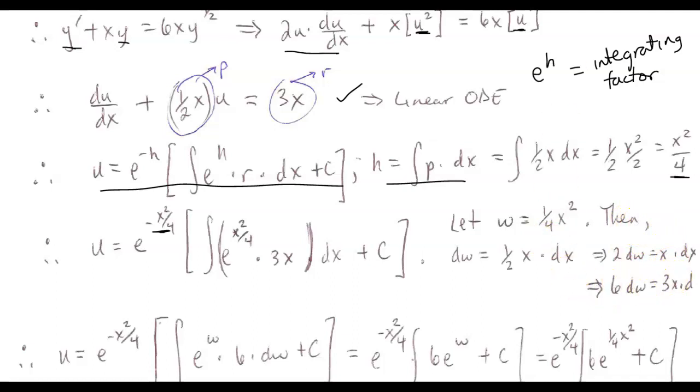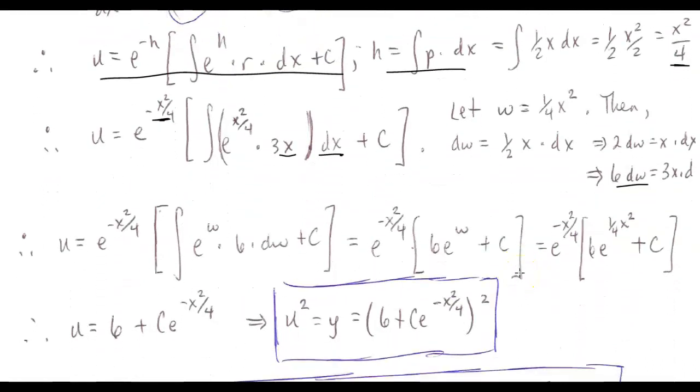So we choose to have 1/4 of x squared be w, and then we take the derivative of w with respect to x and rewrite everything in a way so that we can replace what we need. Here we see that 3x dx is the same as 6 times dw. And after we do all the work, we substitute all that in.